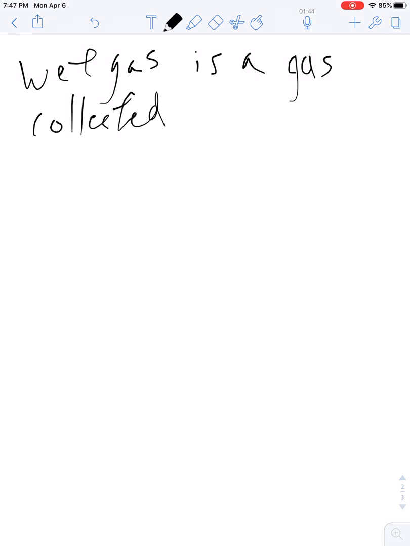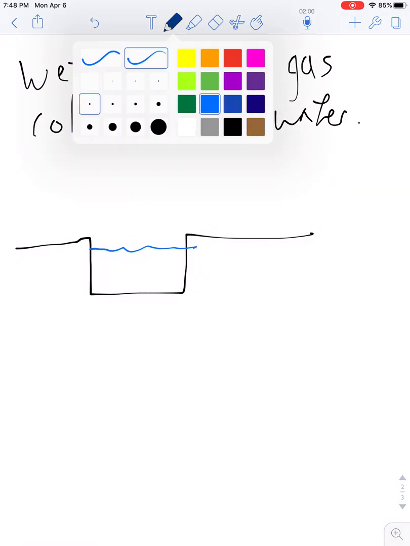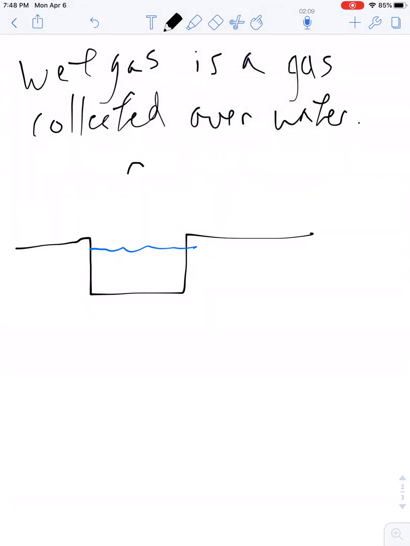A wet gas is a gas collected over water. Or another way of saying it is a gas that contains water vapor. So very often in science, we'll have a sink, and in my sink I have water, and then I will do my experiment and have a container over the water to capture my gas.